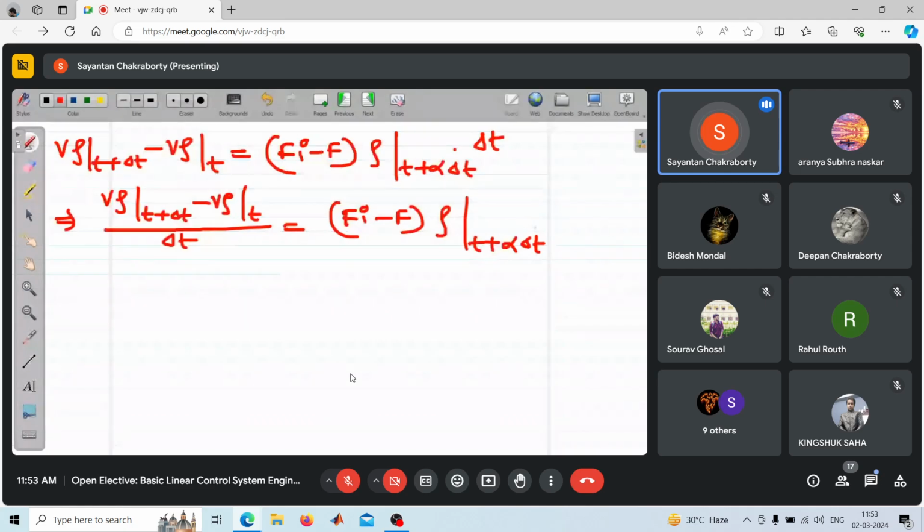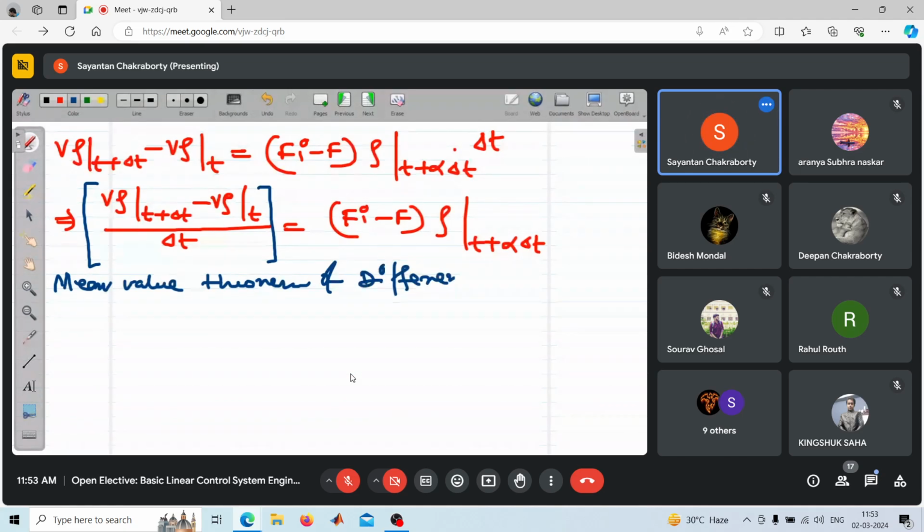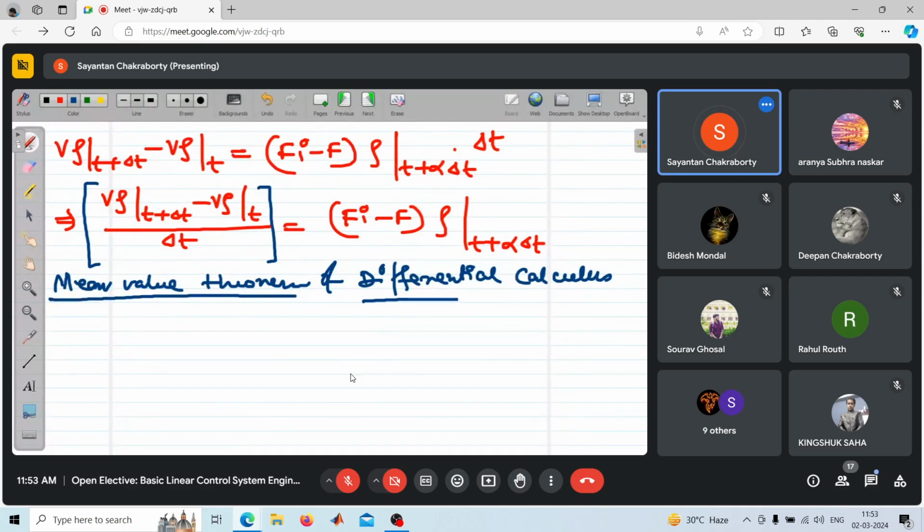Now, if we apply over here the mean value theorem of differential calculus, this will give you d dt of V rho, and on this side you get Fi rho minus F rho, right?